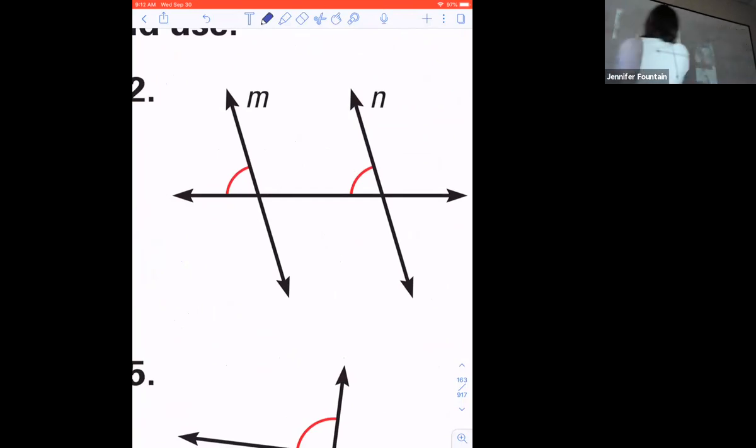Interior means between the two parallels, exterior means outside the parallels. So this one's an interior, this one's an exterior. So they're not both exterior, because this one is an interior angle because it's between my parallel lines. So it's inside the house.